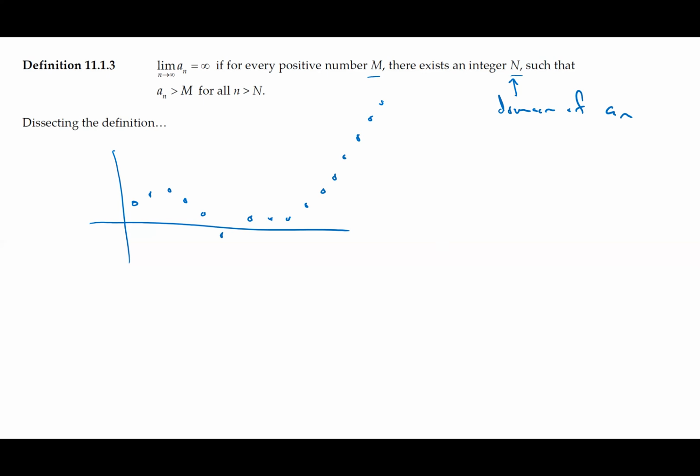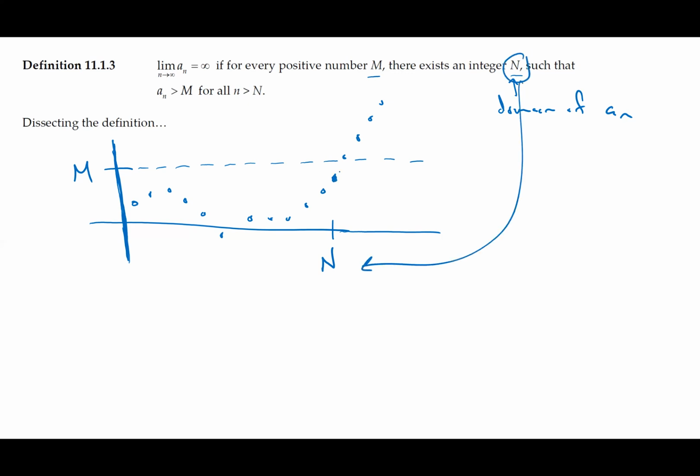So this says that I can find an M, any M. So again, if I'm on the y-axis and I'm moving up and down and someone says stop, and I stop, then the definition says, okay, well, eventually all the sequence values will be greater than that M. And so look, I found that capital N. Notice it's right here.